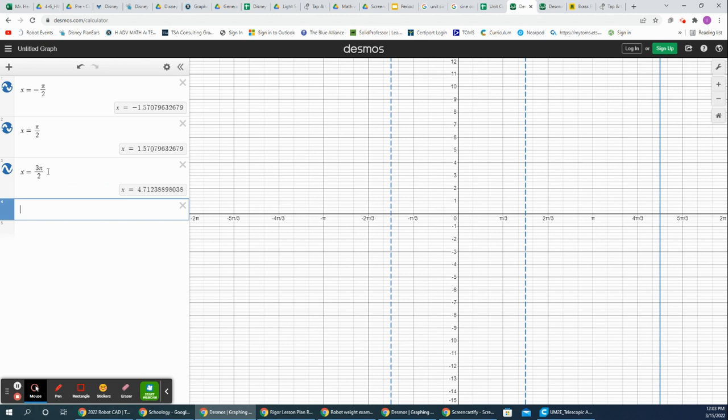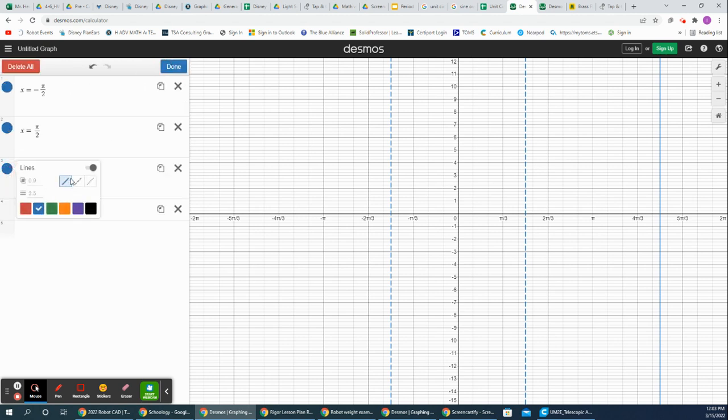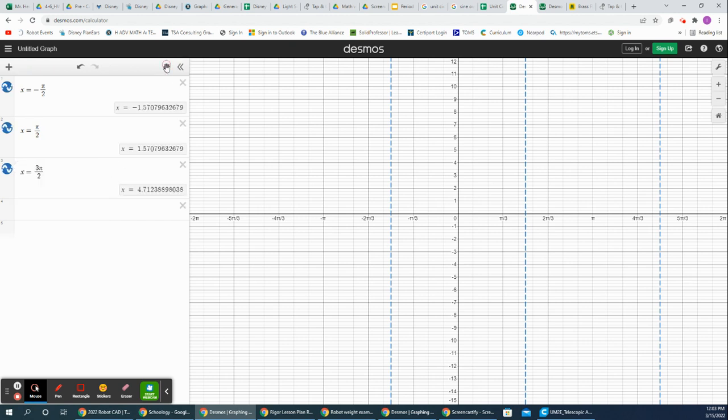And here we are going to put, again, another broken line. Click done. Okay? And again, this is just for our table. We'll see what the pattern looks like, and then we'll deduce what we think tangent's going to look like.